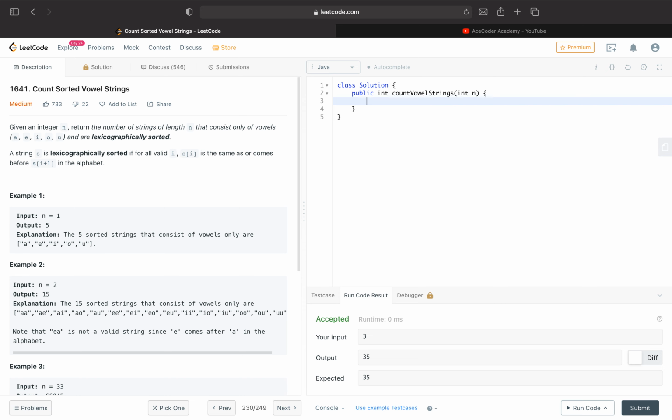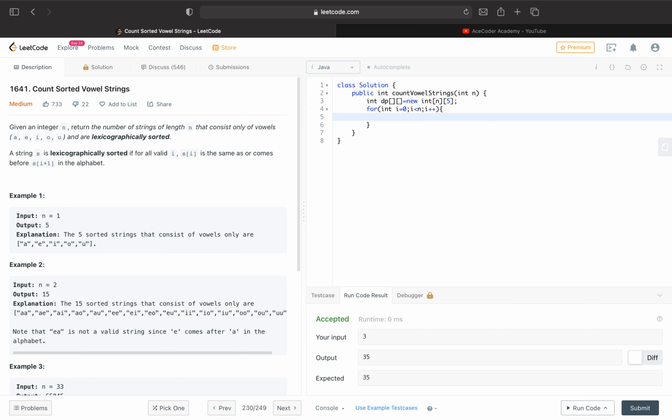So what we will be requiring is, firstly, a DP array, basically a 2D DP array, and the number of rows will be equal to n, and the columns will be 5. So firstly we will initialize our 0th row.